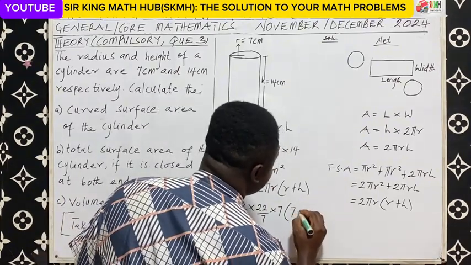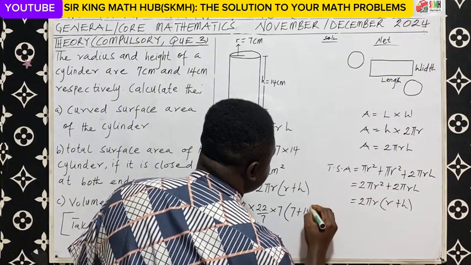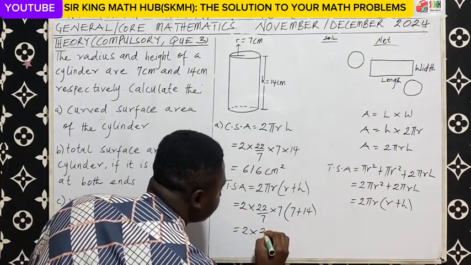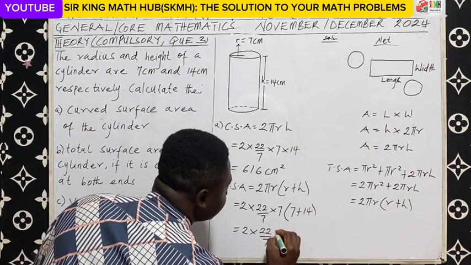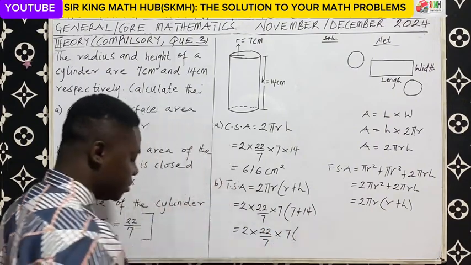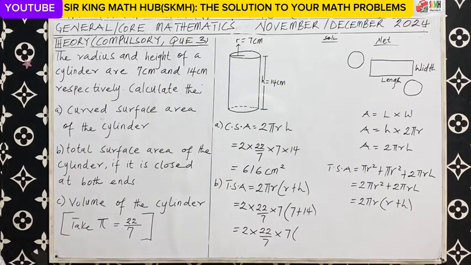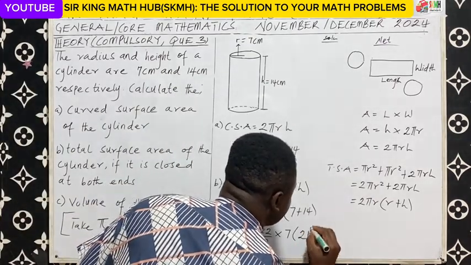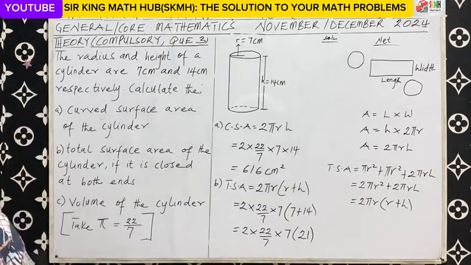So r is 7 plus h, which is 14. So we have 2 multiplied by 22 over 7 times 7. And what is 7 plus 14? 7 plus 14, we have 21.